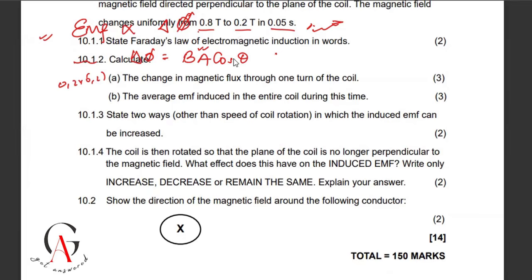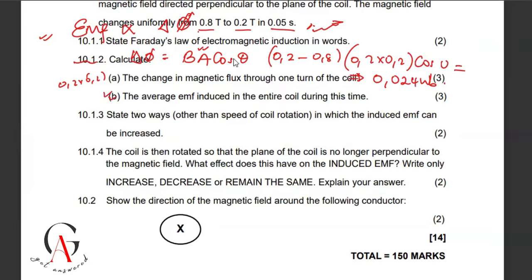So this is going to be 0,2 minus 0,8 multiplied by the area 0,2 times 0,2, and then the cos of 0. So this gives me 0,024 Weber.